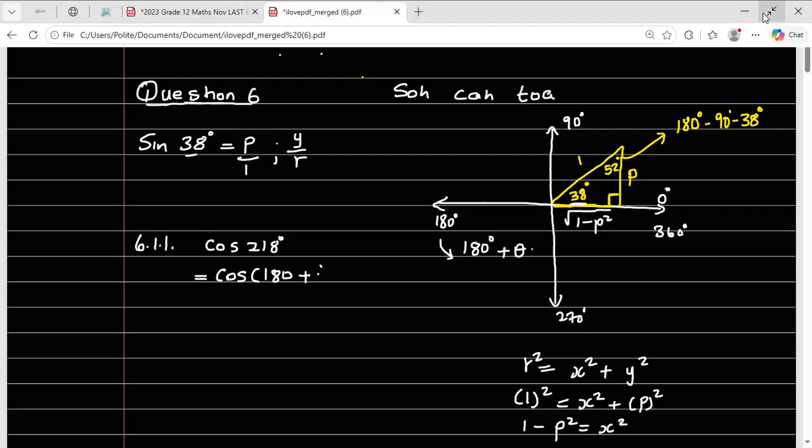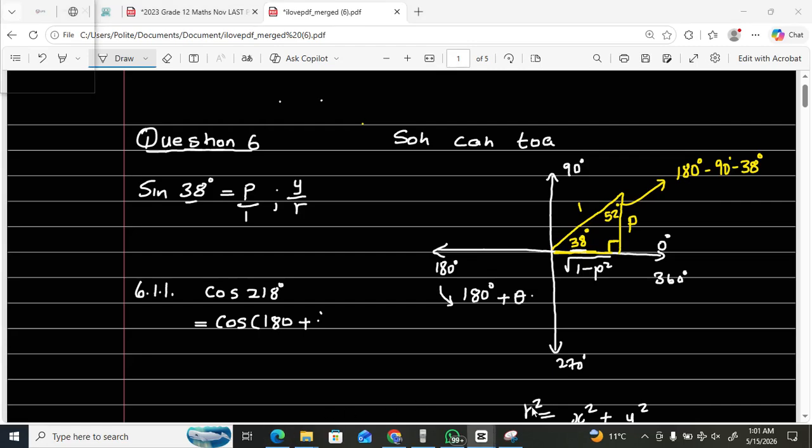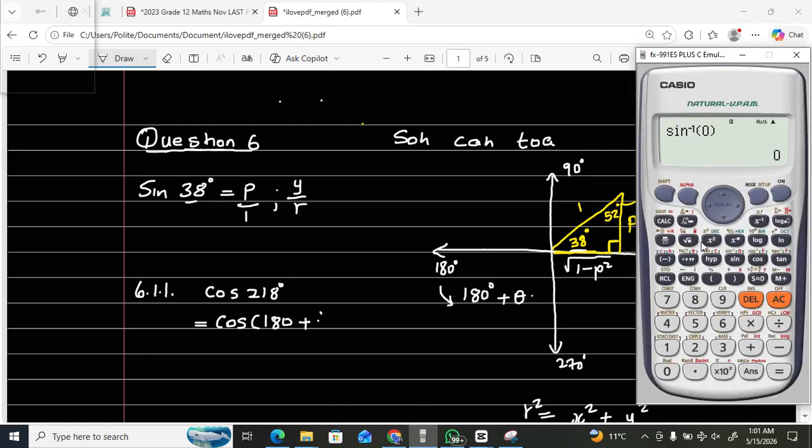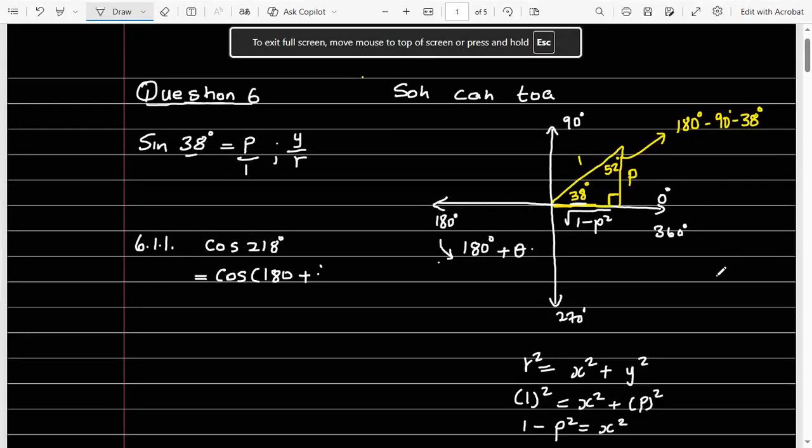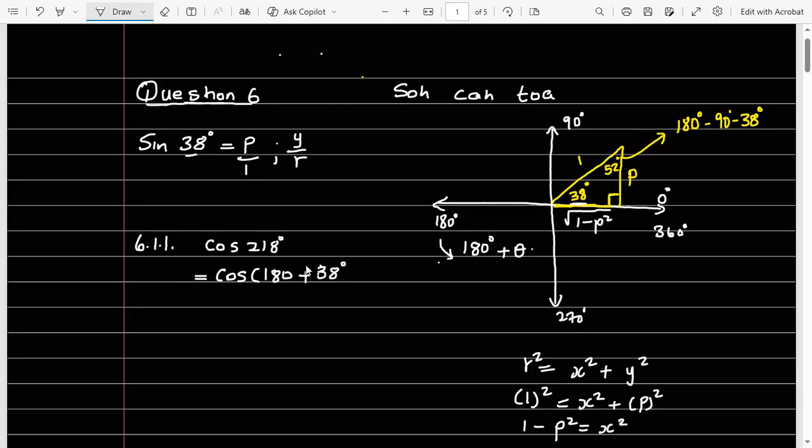So I'm going to share my calculator now with you guys so that you can understand how this works. Okay, so you're going to say that this will be 218. You subtract that 180, then you'll know what you need to add there. This gives us 38, you see. So this tells you that we need to add 38. So if you add 38 degrees, that will give you 218.